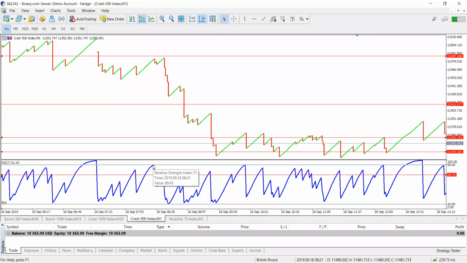So whenever it touches the 90 mark, I'm waiting with the sell order, and then it crashes. Okay. And then the other thing that you can learn from this indicator is to actually look at the way the crashes are happening. When the crashes are getting lower as well, you must check that out. It tells you a lot that the price is going to go down further.